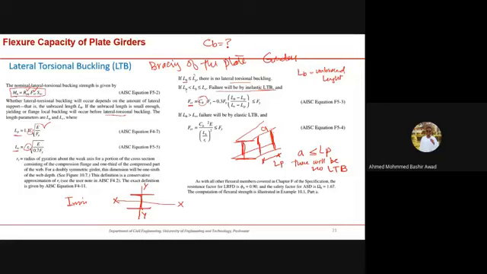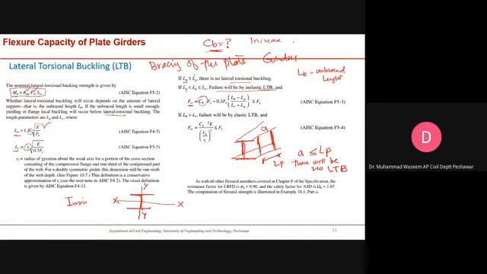I guess it is the correction factor. If the bending moment has a curvature, then you have to adjust for it. And the Cb value will increase or decrease the flexure capacity. What do you think? If the Cb value is greater than 1, it will increase the flexure capacity.